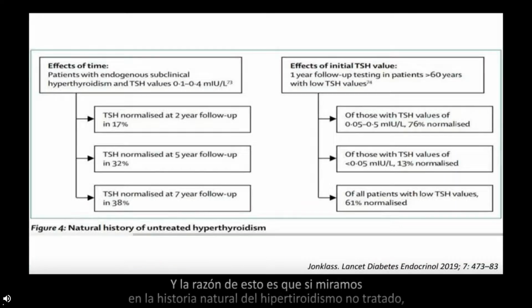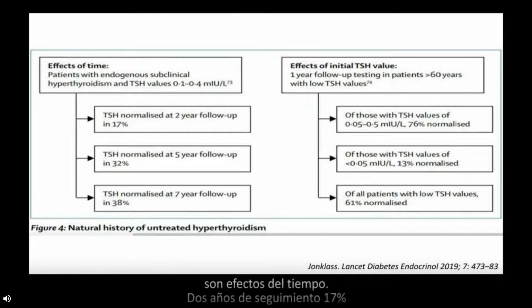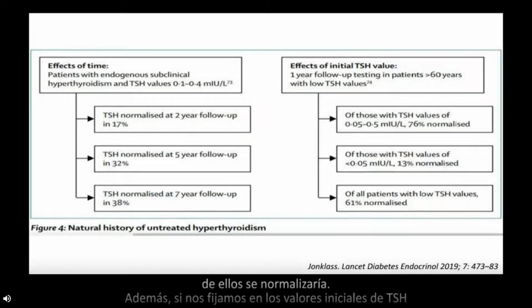And the reason for this is that if we look at the natural history of untreated hyperthyroidism, there are effects of time. At 2 years follow-up, 17% of subclinical hyperthyroidism in the range of 0.1 to 0.4 would normalize. By 5 years, it goes to 32%, and at 7 years, up to a third of them would normalize.